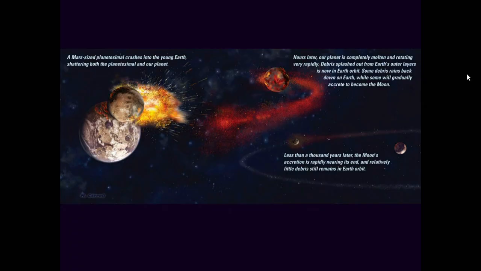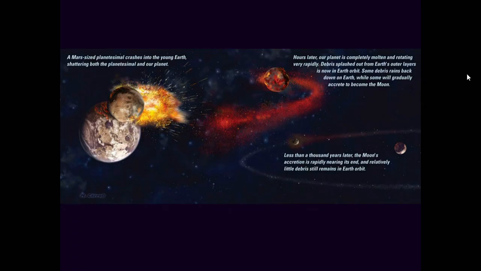That material will eventually cool down and harden, and we think that's where the moon came from. So the moon is the result of a large impact between the Earth and another planetesimal, and the material that got spewed out during that collision formed the moon.